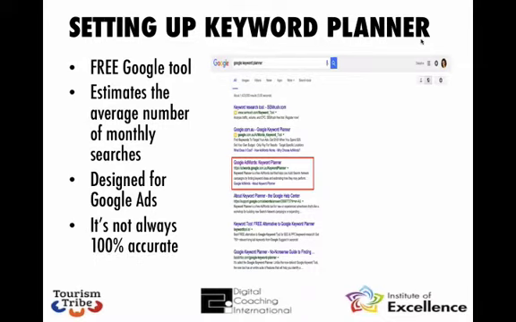Now, it's not always 100% accurate, but what I want to tool you up with is some resources when it comes to creating content that you can tap into. So you think, okay, I'm trying to think of a heading, for example, for a new blog post. Instead of just winging it and doing it on the fly, this is a strategic way of creating content that will help you rank and index.